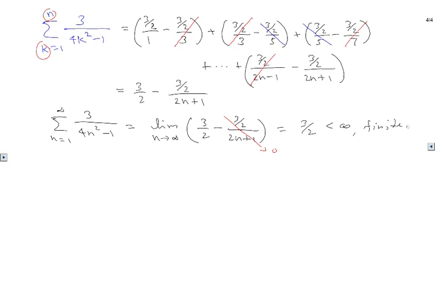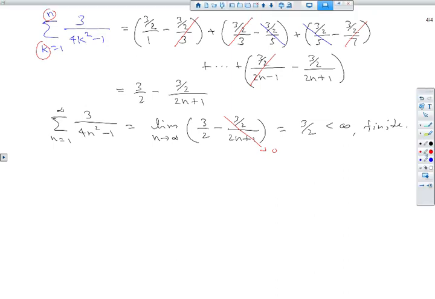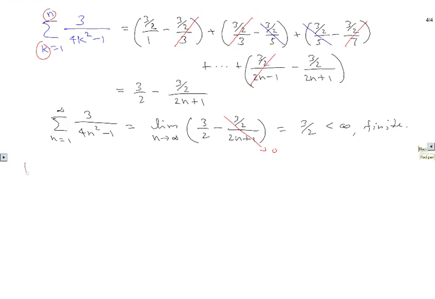You can see that this is a really nice problem. So you can try some other problems. I can give you a couple of problems to try. How about this: the sum from n equals 2 to infinity of 3 over (n plus 1)(n plus 2). You can see that this is already factored nicely. Sometimes that can help. And how about this one?